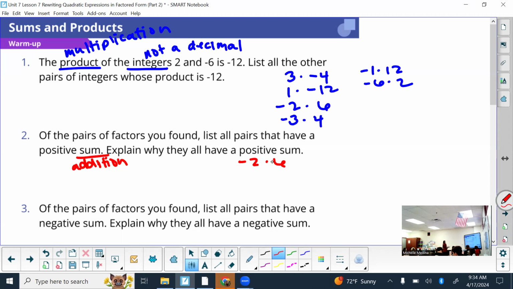So table 9, can you give me another one from the list that would also have a positive sum? -1 times 12, that would give me an 11 when I add them. Table 1, any others? Any others from this list that when I add, I get a positive?